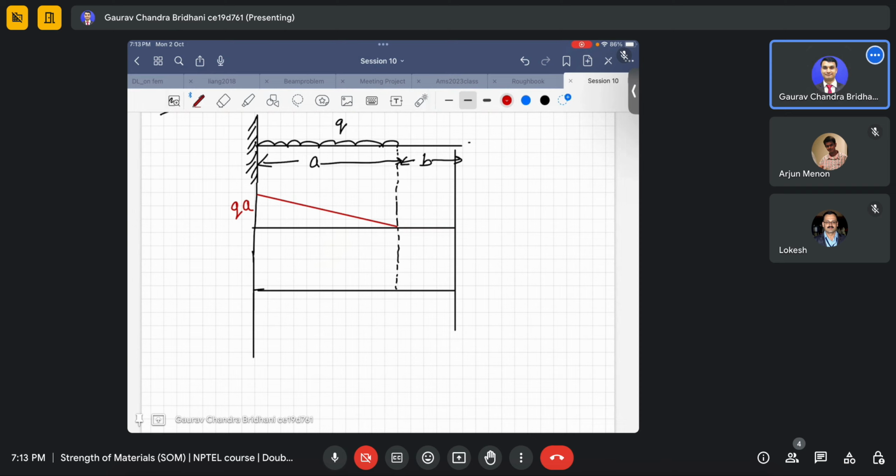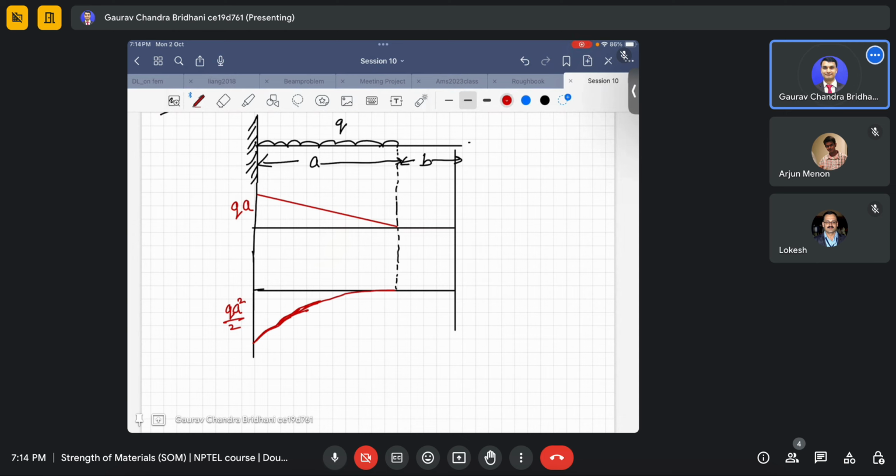It will be a parabola, something like this, and it will be Q A square by 2 here.